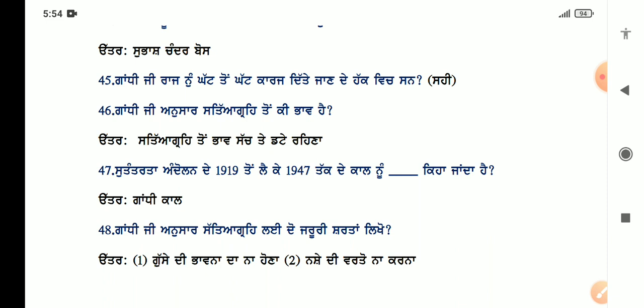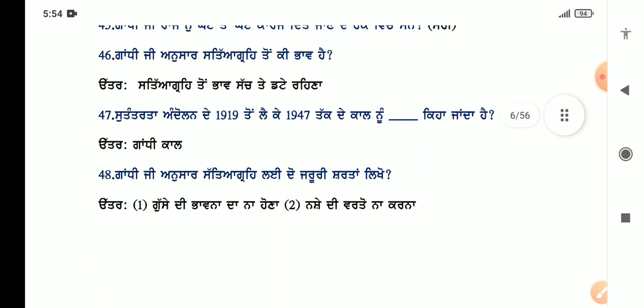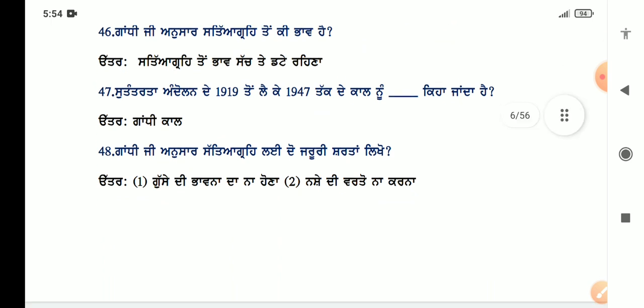What is Satyagraha according to Gandhiji? It means follow the truth at any cost, even by self-sacrifice. The period of 1919 to 1947 is known as the Gandhi period or Gandhi era.